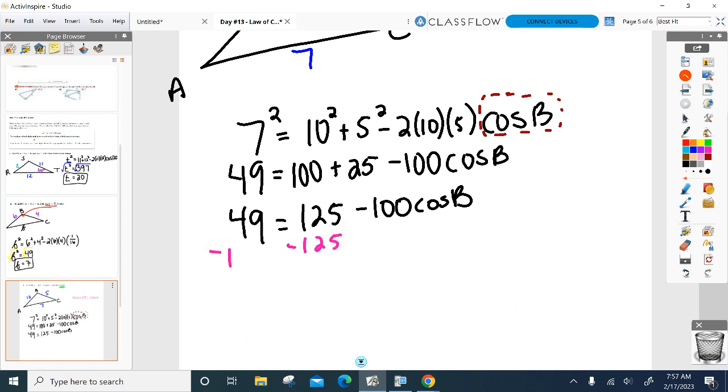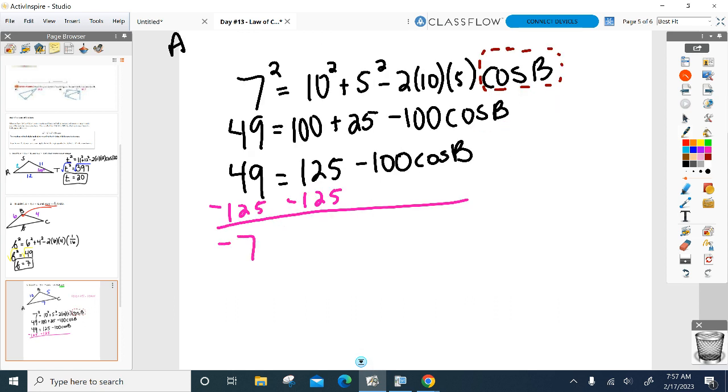Good work. Negative 76 equals, and this is a common mistake, negative. Don't drop the negative. It's negative 100.